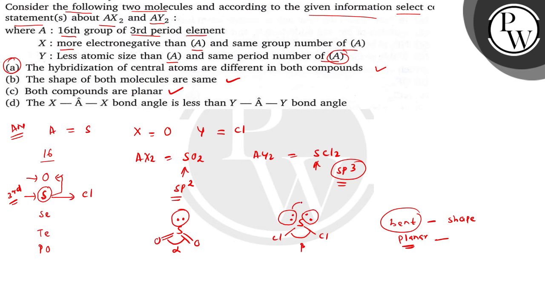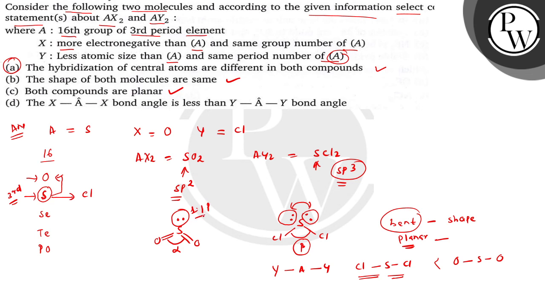So due to the greater lone pair repulsion, the bond angle between Cl, S and Cl, that is YAY, मतलब बच्चों, the bond angle between chlorine, sulfur and chlorine, will be less than the oxygen, sulfur and oxygen. ठीक है, the bond angle between oxygen, sulfur and oxygen will be higher than that of chlorine, sulfur and chlorine because here only one lone pair is present.